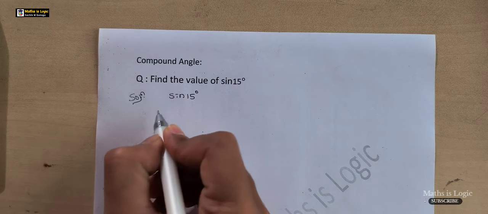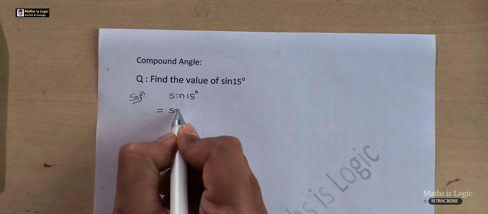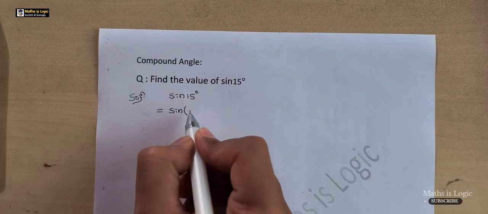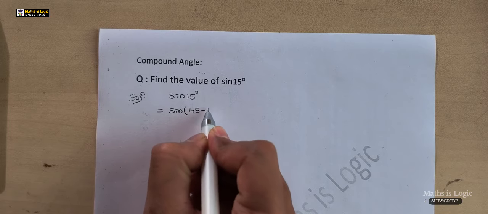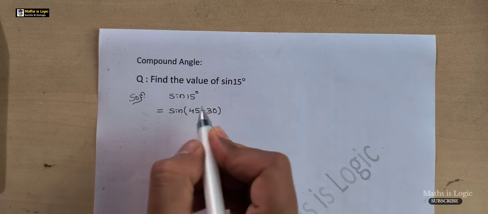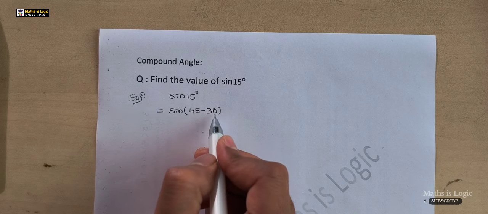This 15 they will split. How they will split? 15 can be written as 45 minus 30. Correct? 15 can be written as 45 minus 30.